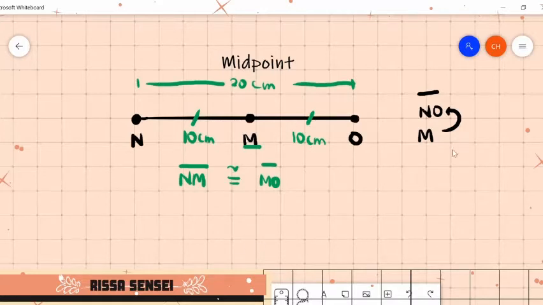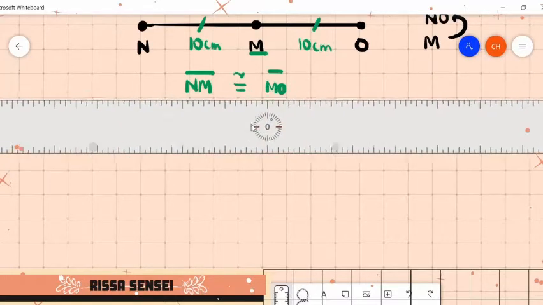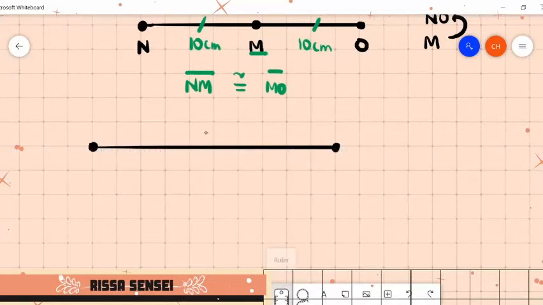So, I'll give you another sample. Ito naman, bago ito. Ayan. So, let's have a ruler again para maging straight yung ating linya. So, this is the midpoint.